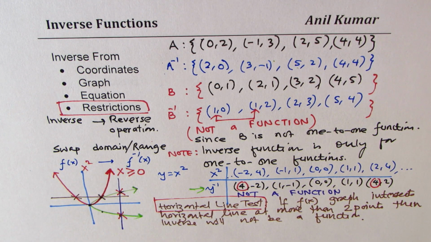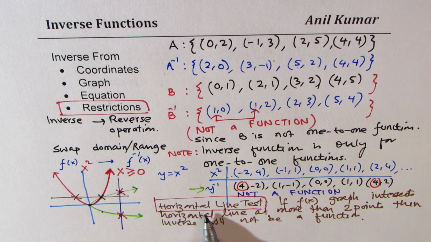So I hope till now the concept of finding inverse using points is very clear, and also how we did it using a parabola. And we saw that a function may not have inverse as a function. You could find inverse, but inverse may just be a relation, not a function, right?